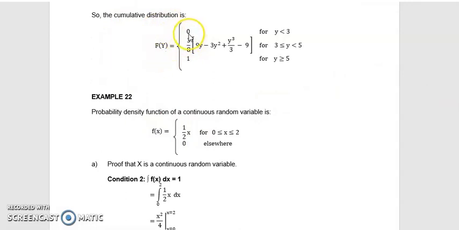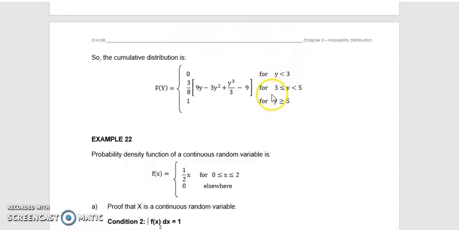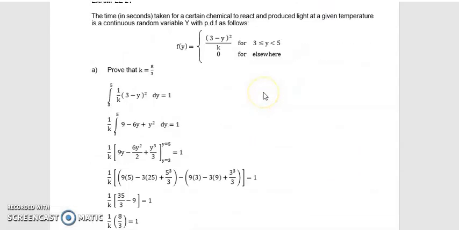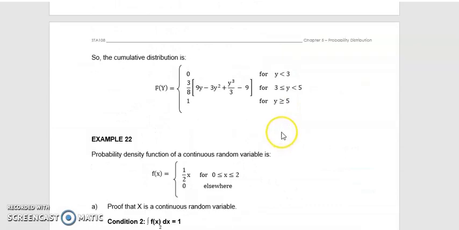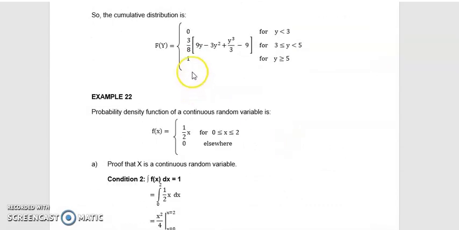Always start with 0 here, 0 to 1, because this is the range of probability. Okay, 0 for y less than 3. Originally our given probability density function is y greater and equal to 3. So if less than 3, the probability will be 0.